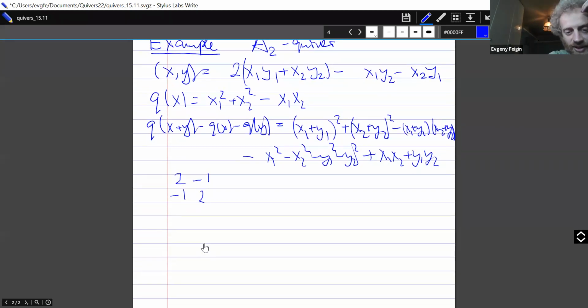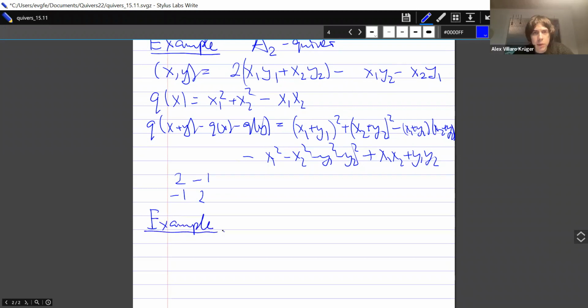So let's consider another example. Maybe we can just add an arrow, and we will have the same on the diagonal, but we'll have the -2s off the diagonal. So this is what is called the Kronecker quiver.